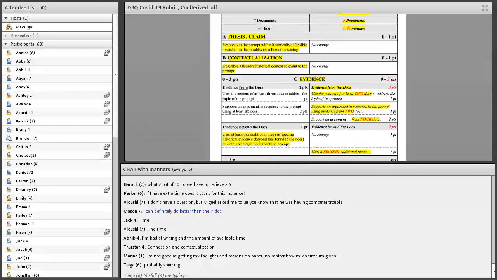Right, but sourcing again, Tyga, it's 2 points, right? So if you didn't do sourcing and your complexity, then you're still sitting at a 7, right? But sourcing helps with you deploying the evidence from the document.